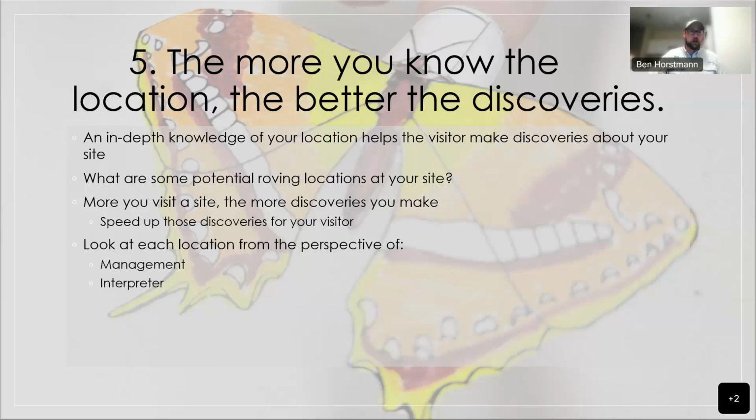So make sure that you, and this is tailored towards interpreters, but you as a master naturalist or a site manager, or even just a person that does interpretation at a site, make sure you're looking at it from the first-time visitor's experience in that location, and see what they would be interested in.